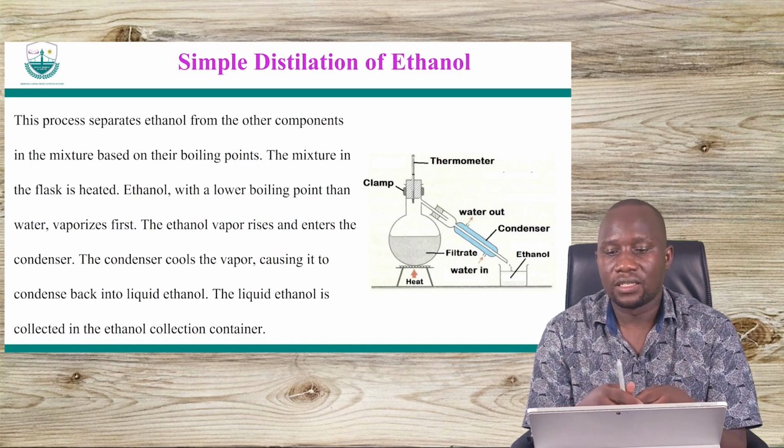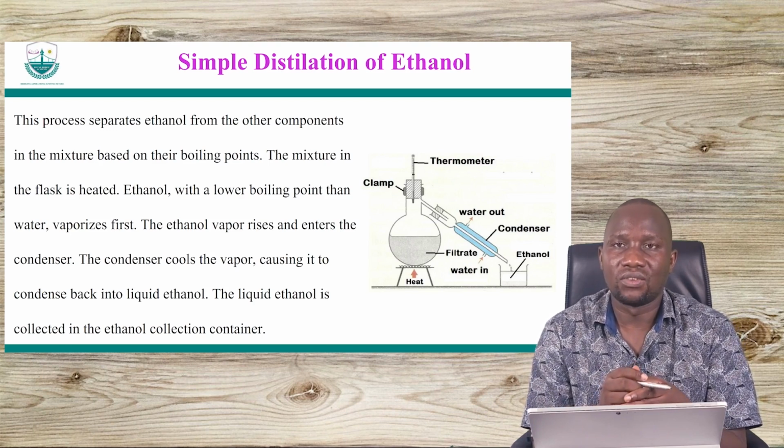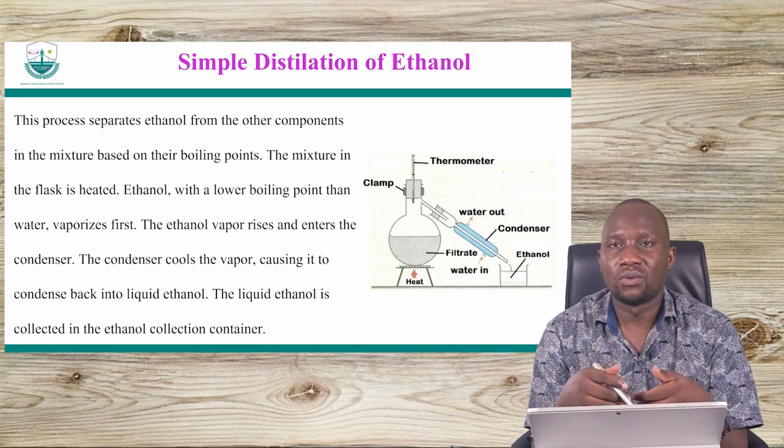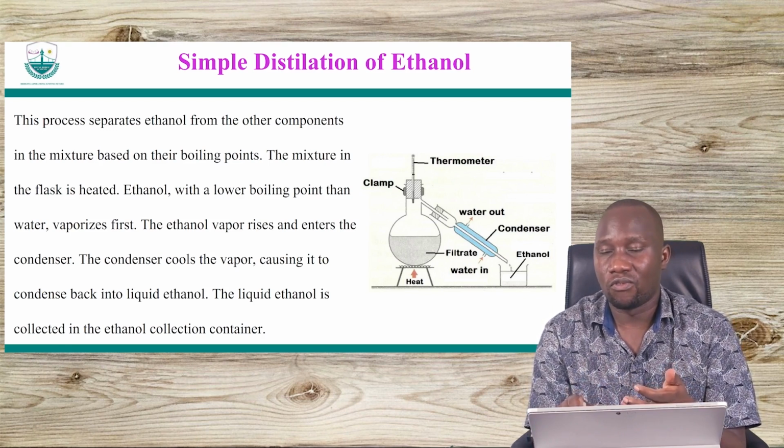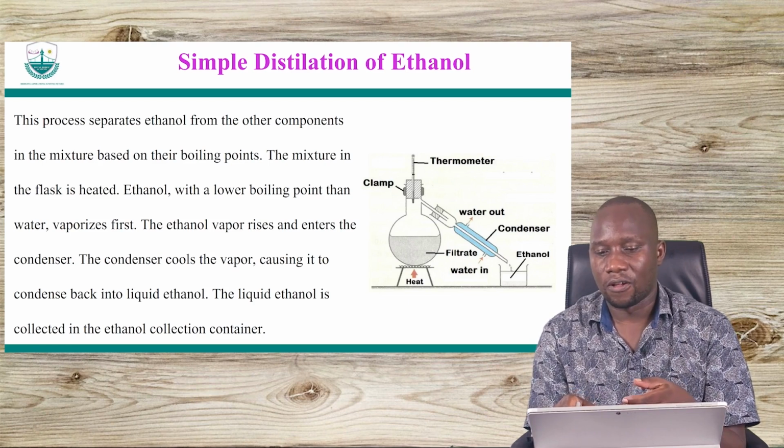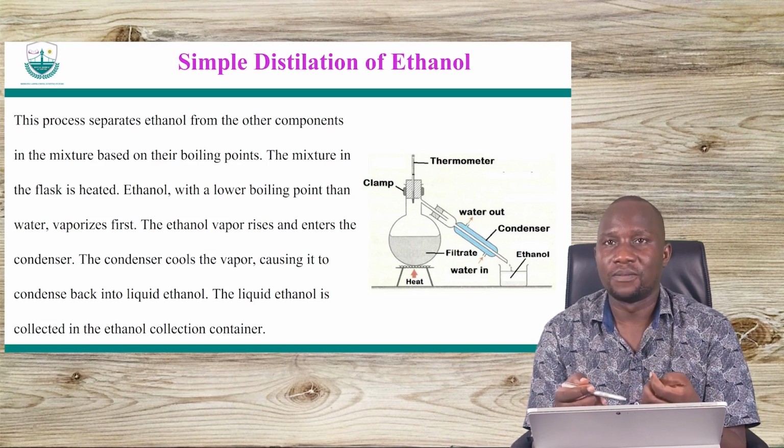Then you heat that. When it reaches 78 degrees centigrade, that's the boiling point of the ethanol. So you boil and then, of course, condense, and then you collect it.